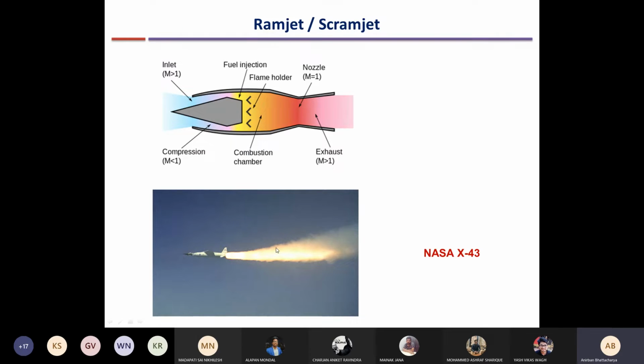Even India has developed their own scramjets. You can read about it. ISRO successfully tested scramjet engines in 2016, I think, using a rocket engine to take it to a high speed. And DRDO has also tested scramjet engines more recently, in 2019.